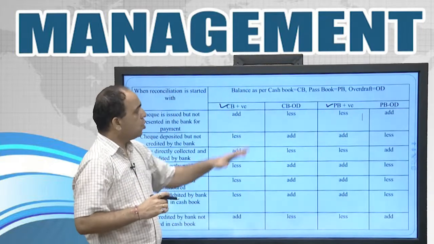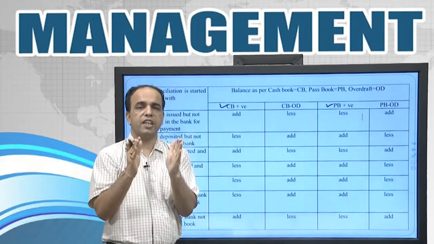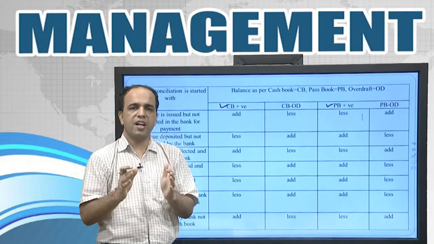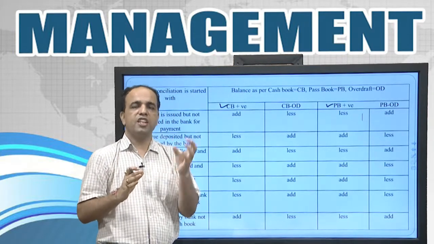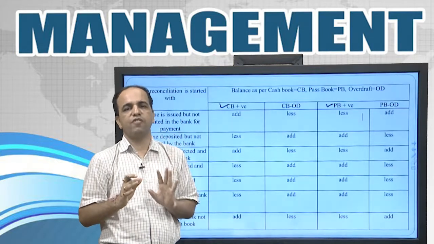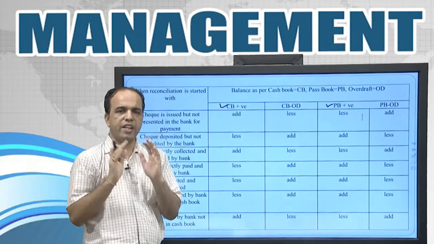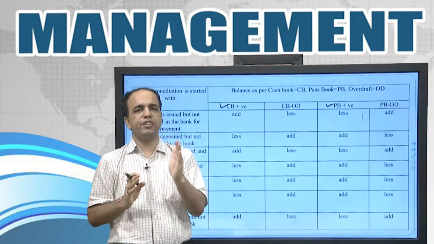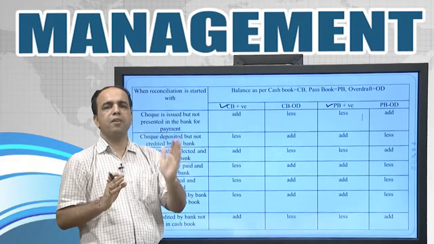If you keep one understanding and rule in mind regarding cash book balance, then automatically you can treat the reverse or adverse effect of overdraft. So, I never advise students to remember overdraft entries. I advise you to go for the bank balance first.